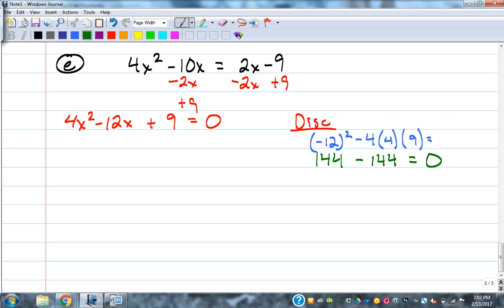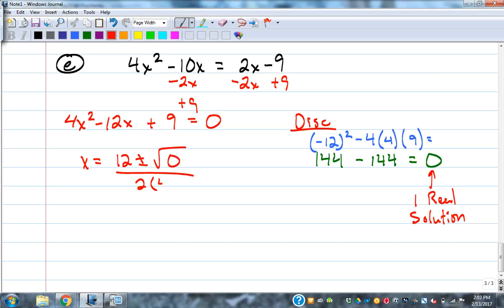Which means what? One real solution. So one real solution. And that makes the square root part pretty easy, because now you go x equals negative b plus or minus the square root of the discriminant over 2 times a.